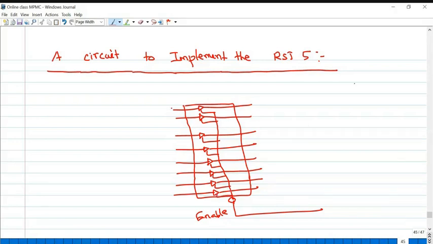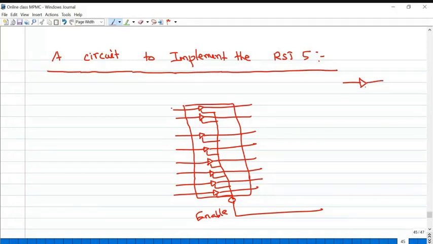So what do you mean by tri-state buffer? Usually a buffer has two states. Whatever input we give, the output of the buffer is the same as what we gave as the input. Apart from that, there is one particular state called the high impedance state. The output is neither connected to 0 nor connected to 1. That state is called the high impedance state.